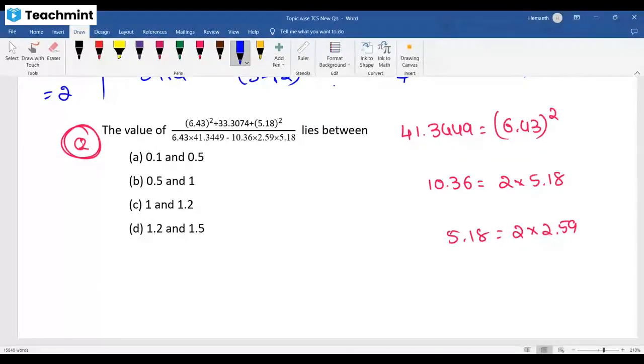Fine. So what I just want to convey here is it's like a square plus ab plus b square divided by a cube minus b cube. Dividing by a cube minus b cube will give a minus b.